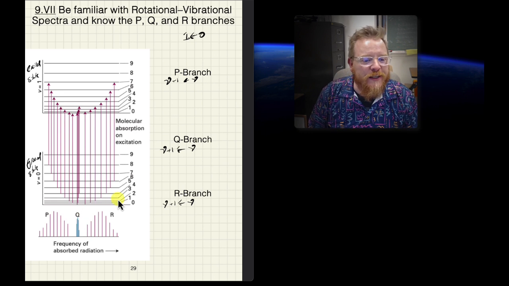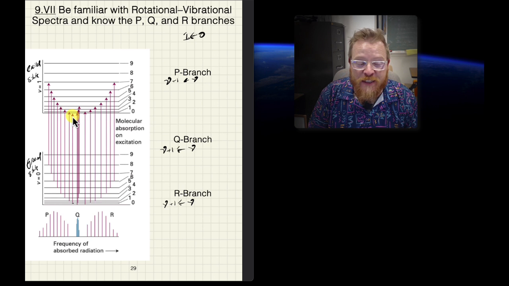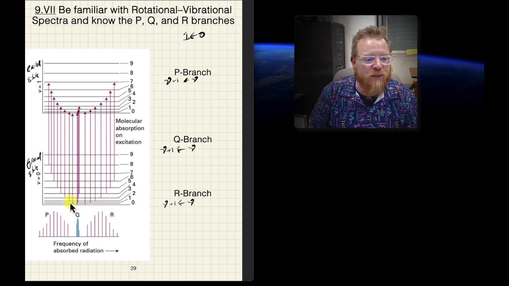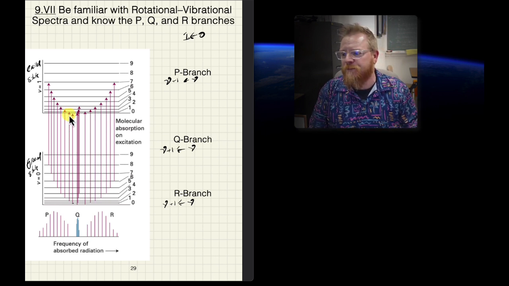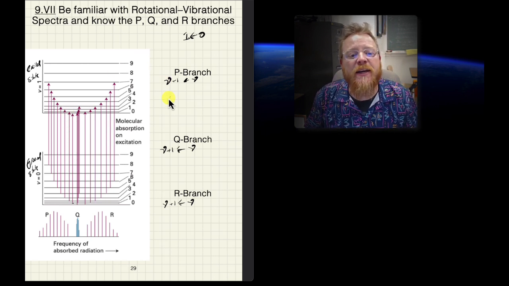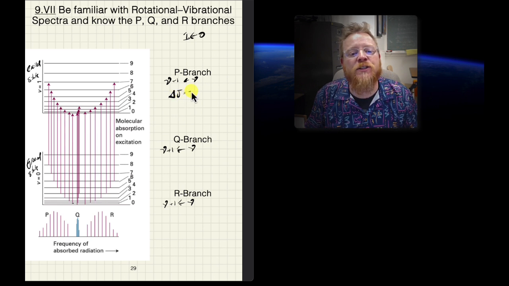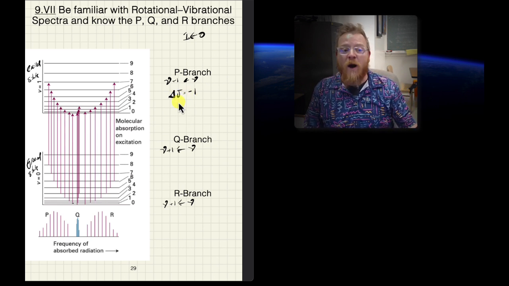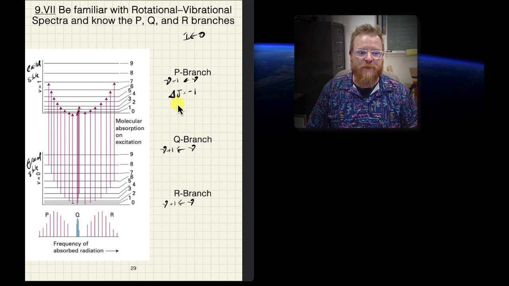Now you can see if I take a peek at this first line here, it is starting at a J value of 1 and going up to a J value of 0. The next one is starting at a J value of 2 and going up to a J value of 1. So that means the P branch has a delta J of -1 relative to the ground state.